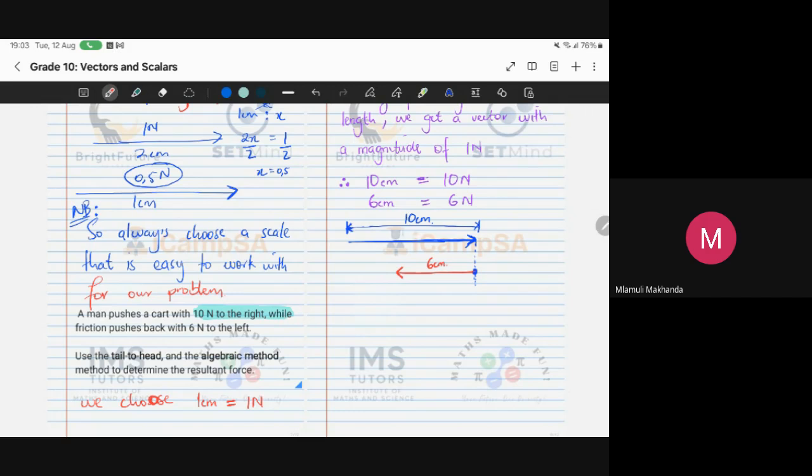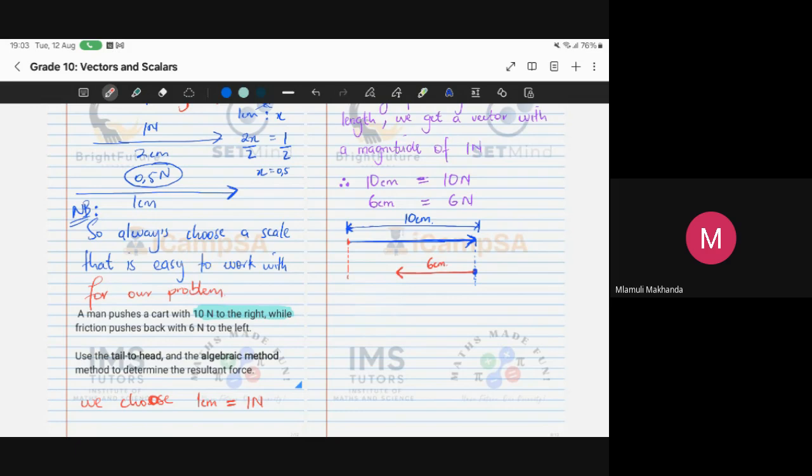Right? Then once you have that, now it's time to find your resultant vector. Remember what we said about the resultant vector. It is always drawn from the tail of the first vector to the head of the last vector. The first vector is blue in this case, which is 10 centimeters.